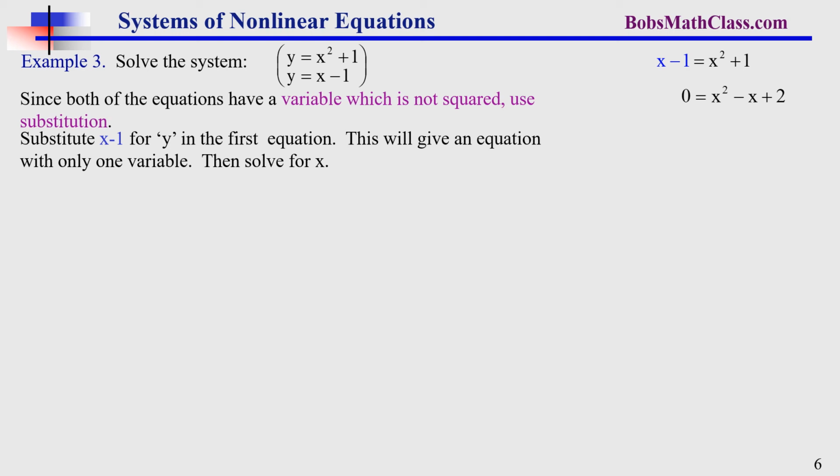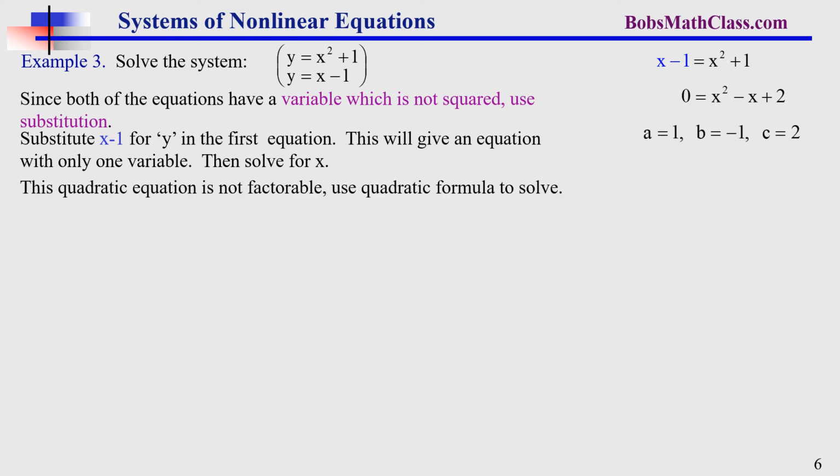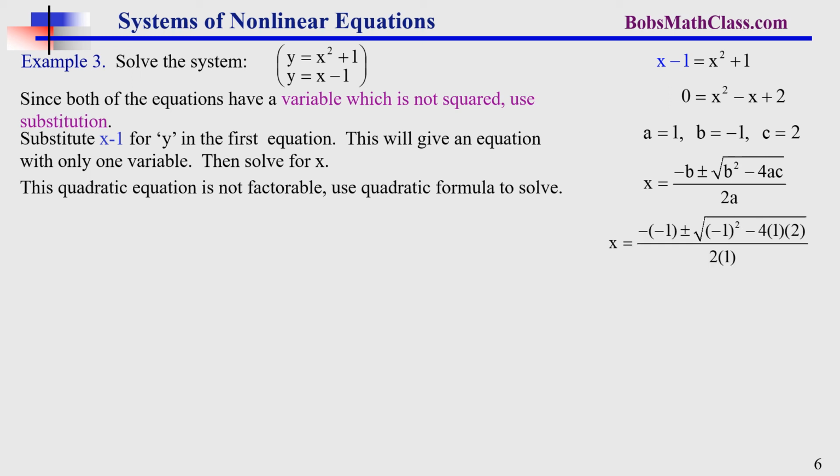Quadratic formula: x equals negative b plus or minus the square root of b squared minus 4ac, all over 2a. Okay, so we're going to use our quadratic formula. Our a is 1, our b is negative 1, and our c is 2. So plug all those numbers into the quadratic formula, and then simplify.